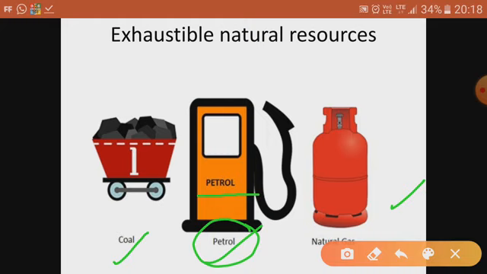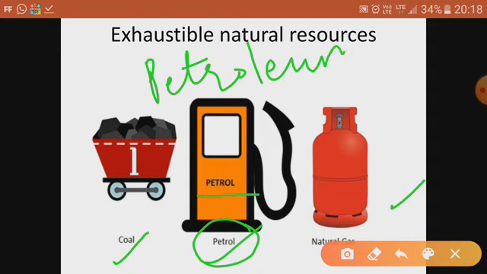Petroleum is a crude oil, or we can say raw oil. We have to take out petroleum and then we process it and we get petrol and diesel. These are very important fuels which we use in our day-to-day life. Coal, petroleum and natural gas are examples of exhaustible natural resources. Why are they exhaustible? Because their formation takes millions of years.